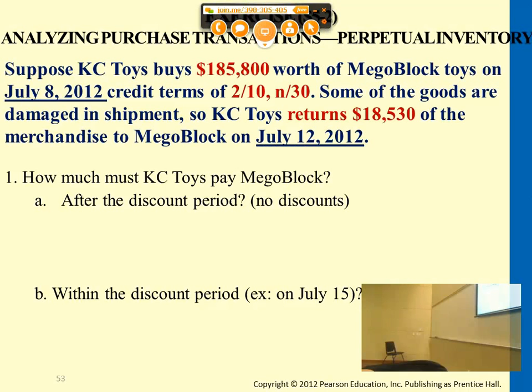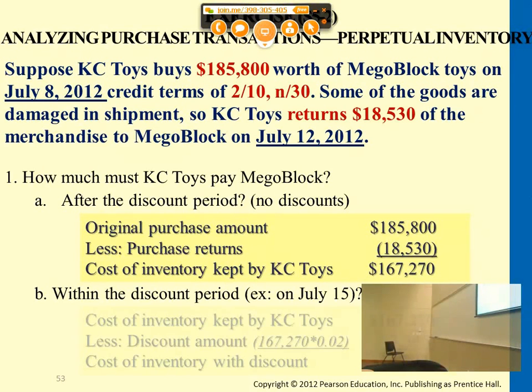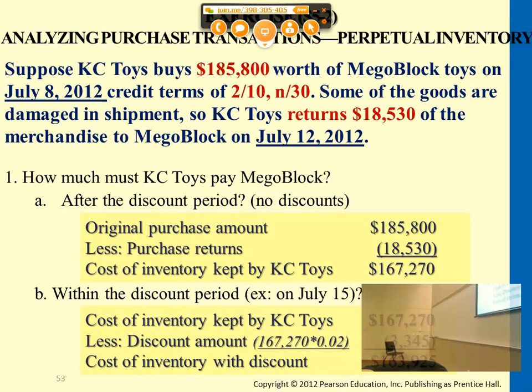All right, so on Monday at the end, we covered this problem here. We have the original inventory cost, $185,800. Then there's credit terms, 2/10, net 30. We talked about the cost of inventory purchase, the cost that we're paying within the discount period or after the discount period.